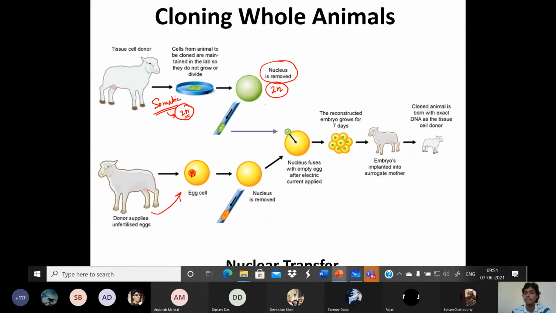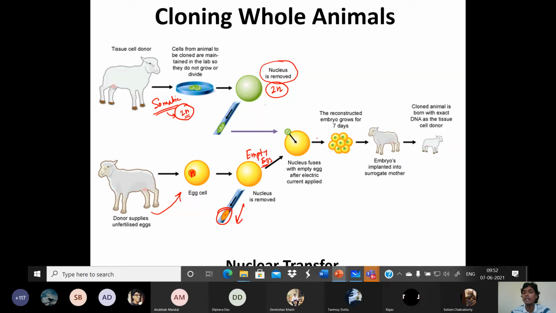But this is a different experiment. In this case, what are we doing? We are removing this nucleus. We are taking away this nucleus. So in this case, this is the empty egg. Empty egg means an egg without a nucleus.